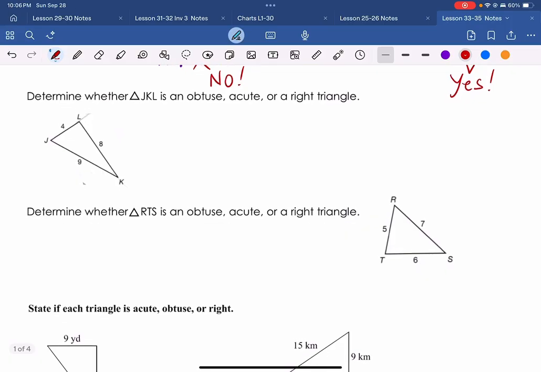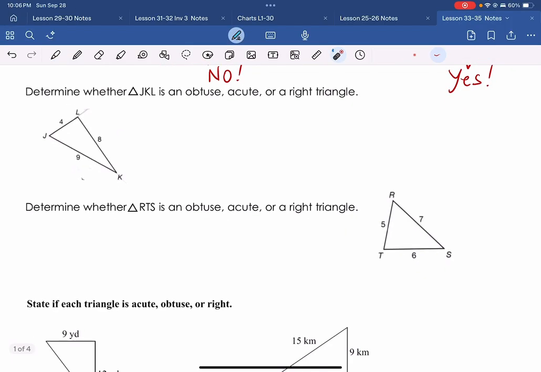Okay, down here, they want us to determine whether this triangle is obtuse, acute, or right. So we are going to, first of all, examine the sides. Okay, notice the 9 is the biggest, which means it has to be the hypotenuse.